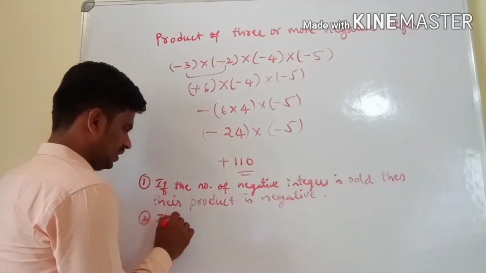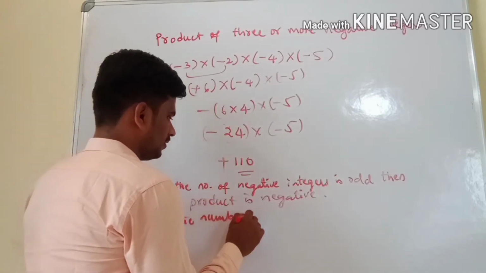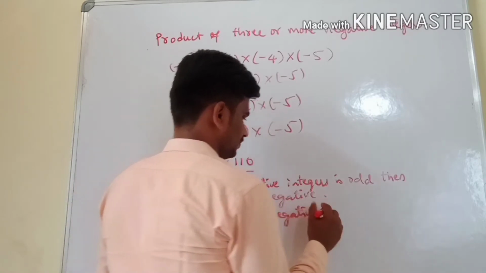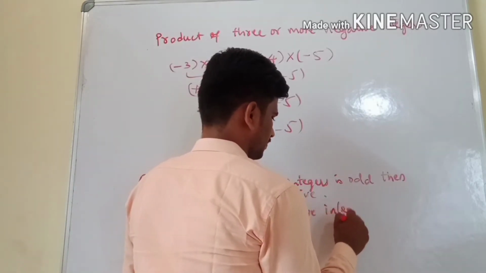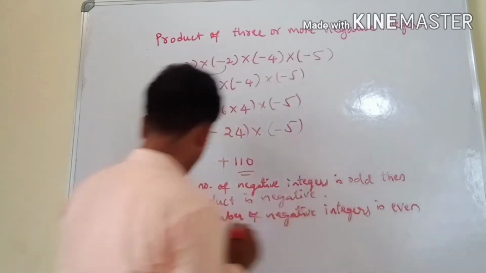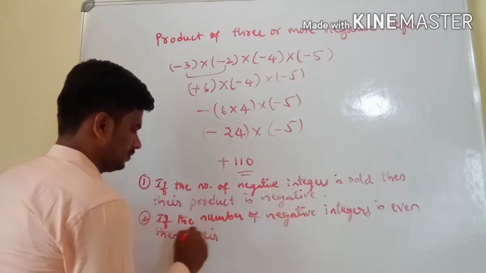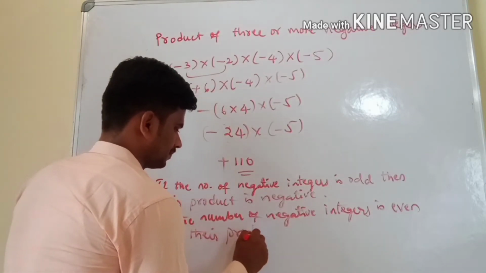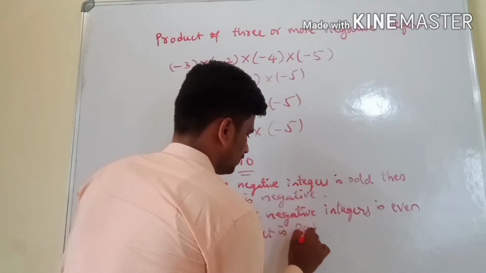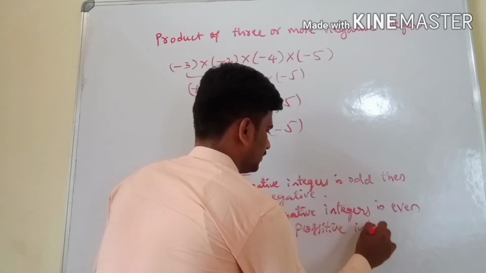It means if the number of negative integers is even, then their product is a positive integer.